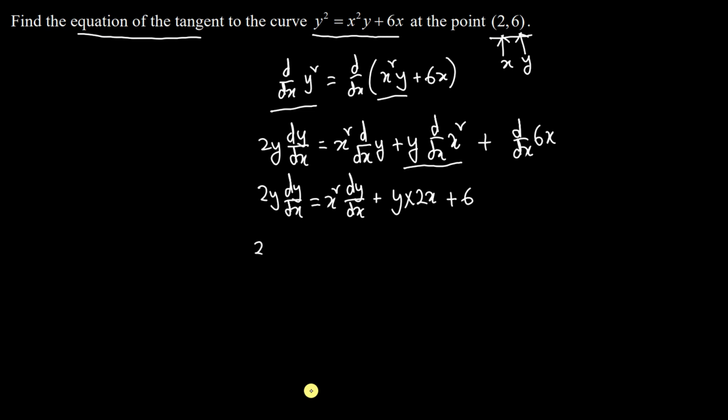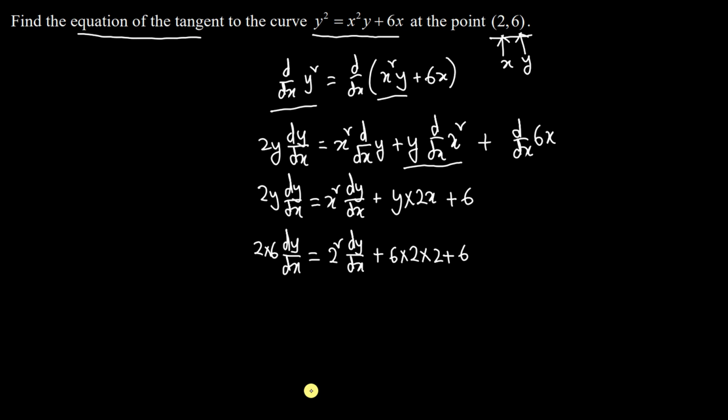So you can write 2 into the y value, 6, dy by dx, equals, with x as 2, 2 square dy by dx, then plus y is 6, so 6 into 2 into the x value 2, plus 6.